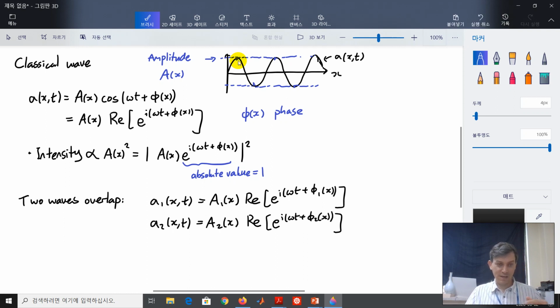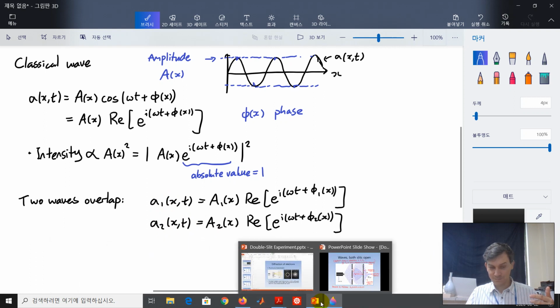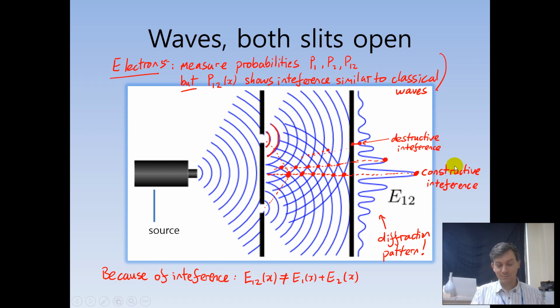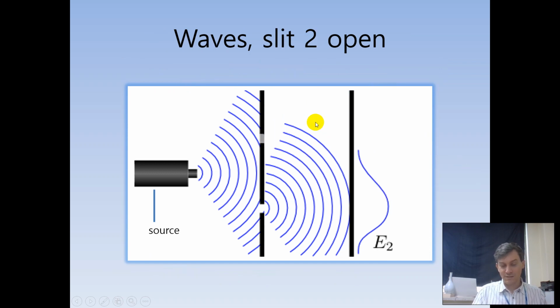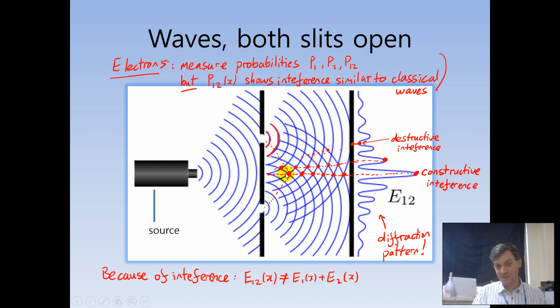Here a1 and a2 describe the waves from the first and second slit in the experiment. If I go back, this wave here is given by the function a2(x,t), and this wave here is described by the function a1(x,t).